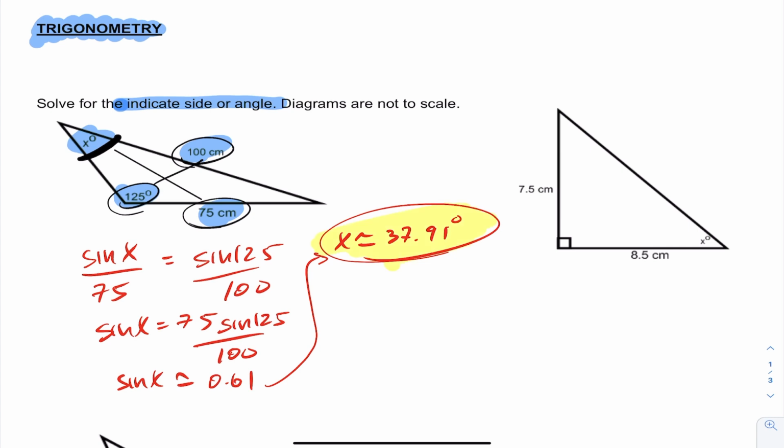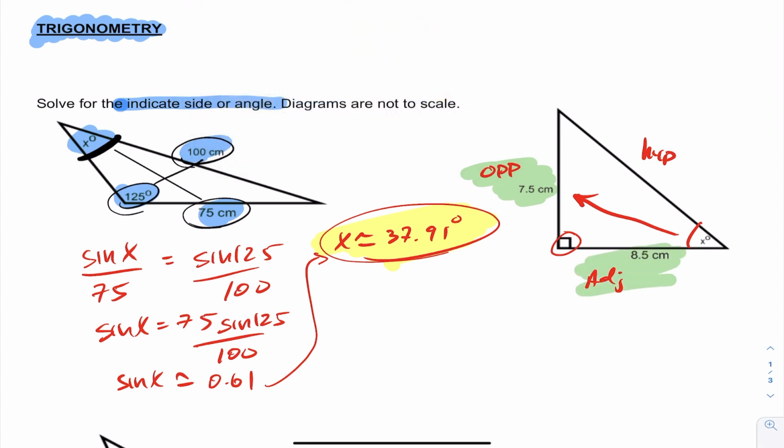So for this question here, we're looking to solve again for angle x. Notice we do have a right angle triangle. So therefore, this angle is directly opposite, this would be my adjacent, and this would be my hypotenuse. As I'm going through this here, I'm given the O and I'm given the A, and that's going to be a tan question.